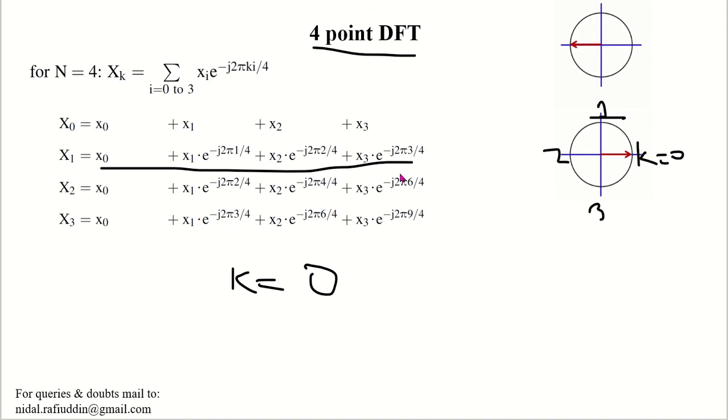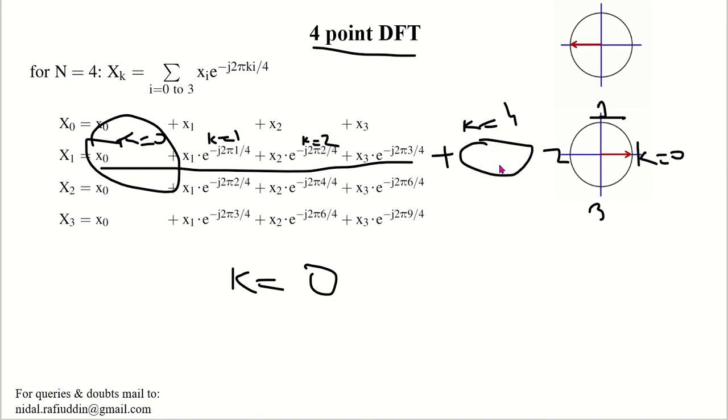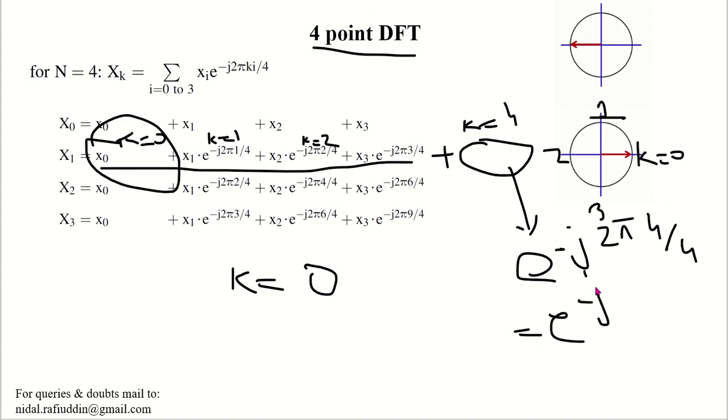For 8 point DFT we'll be having 8 terms, which means that the fifth term, or k equal to 4, since this is k equal to 0, this term will be associated with k equal to 0. This will be k equal to 1, k equal to 2, k3, k4. So the fifth term will have the associated exponential term, which would be e raised to the power minus j 2 pi 4 by 4, or this can be reduced to e raised to the power minus j 2 pi.